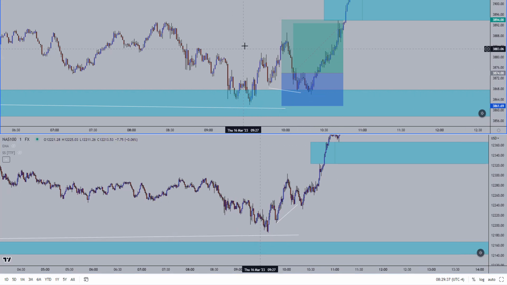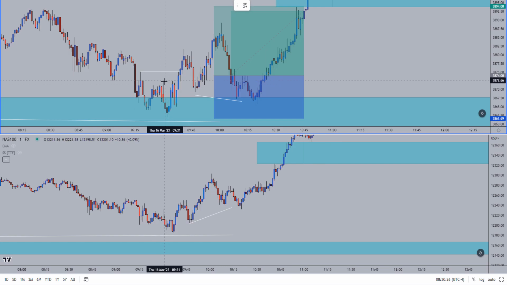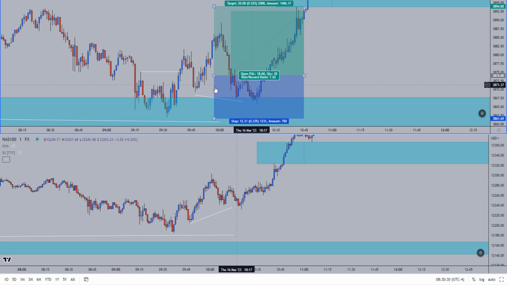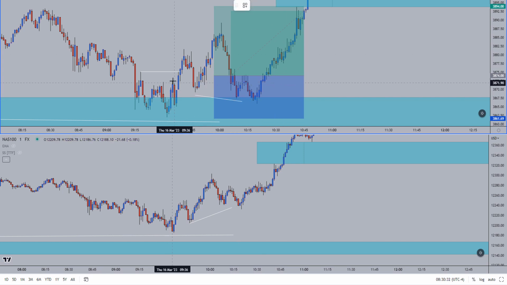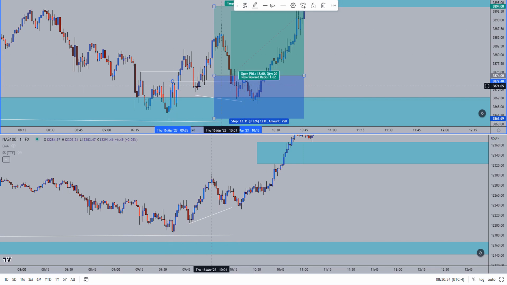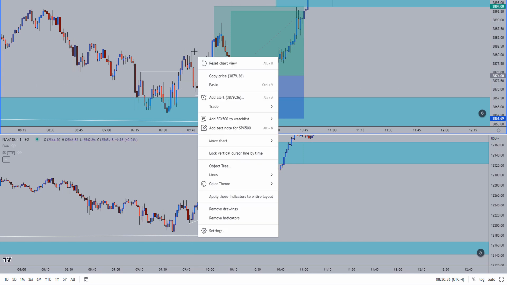Here, of course, we are interested in S&P 500 because this is the one that tapped into the area, and we saw an impulsive break of structure on the 1-minute time frame and a change of character. I did place my trade at the top of this area right here. Actually, I went in with a market execution. That's why I was activated a little bit above when we had this retracement.